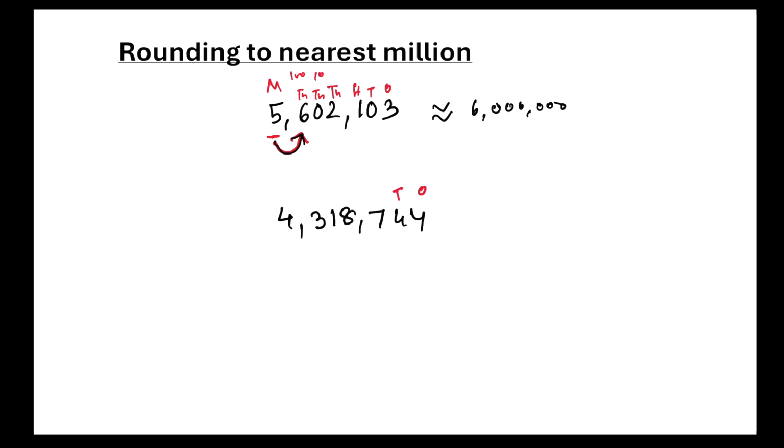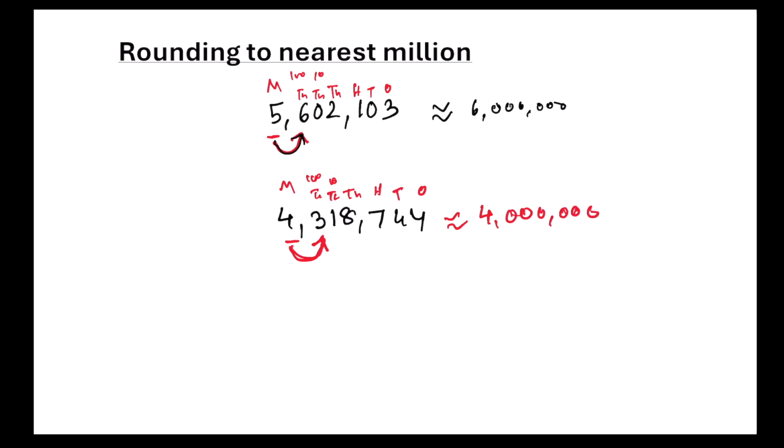Ones, tens, hundreds, 1,000, 10,000, 100,000, and this is million, 4. Look at the previous digit, which is the 100,000 digit, 3. So there will be no change. 4,318,744. The nearest million will be 4 million.